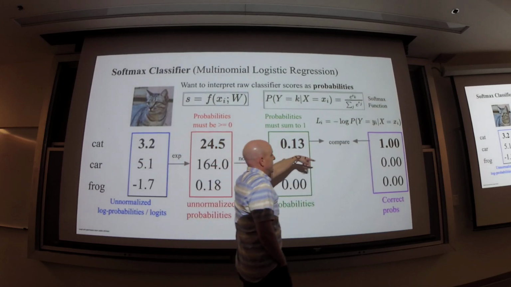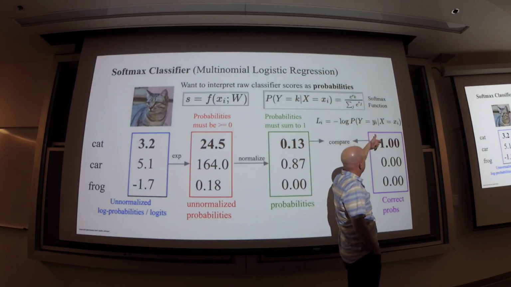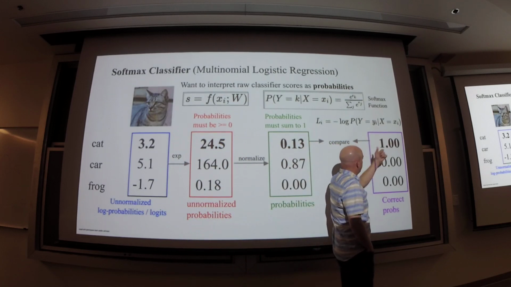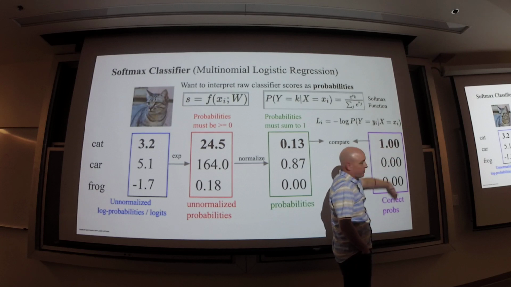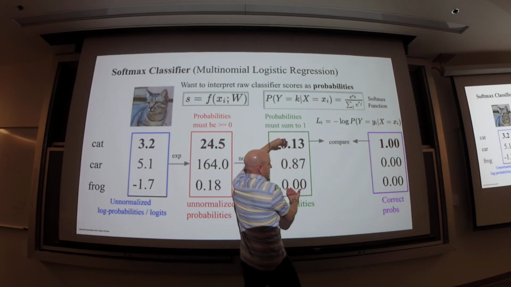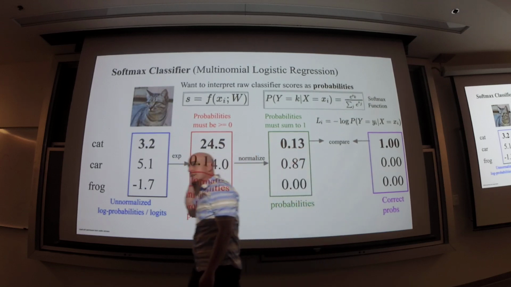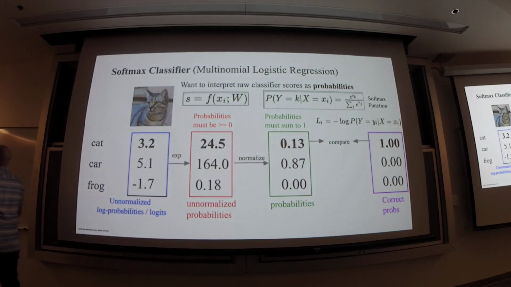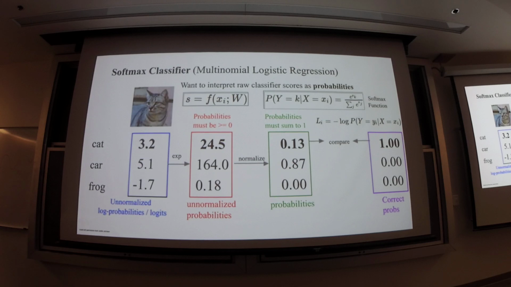The first entry corresponds to cat. And so what we want is the probability to be 1 here, and the probability for the rest of the classes to be 0. So we want this distribution to look like this distribution right here. There are a number of ways to think about how to measure the difference between those. That's going to be our loss.